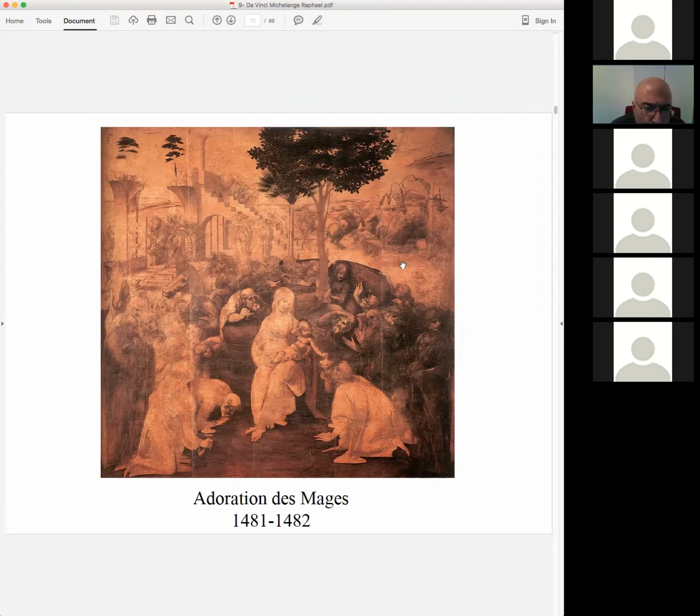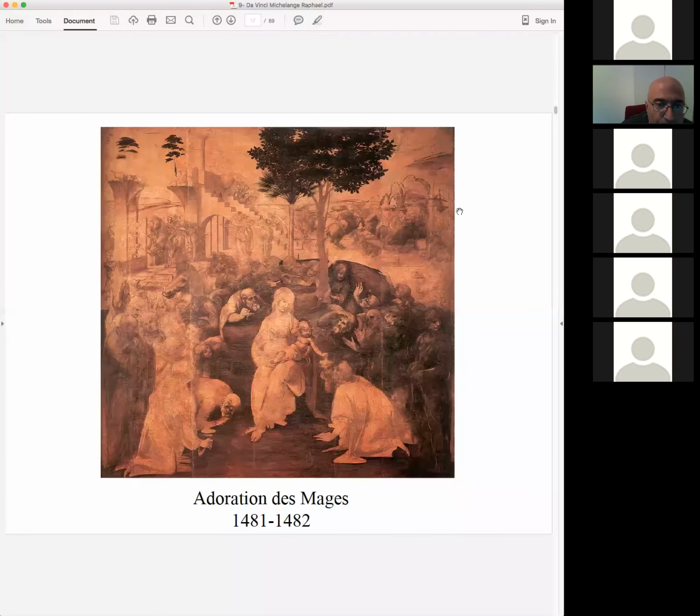what do we see here? What is chiaroscuro here? Well, the chiaroscuro here is in the regions surrounding these figures, which are the three magi, les trois mages, the figure of the Virgin, and the figure of Christ, surrounded by people of lesser importance.